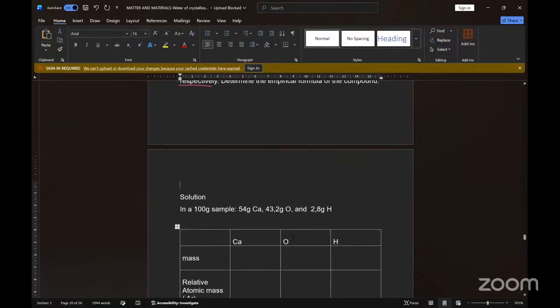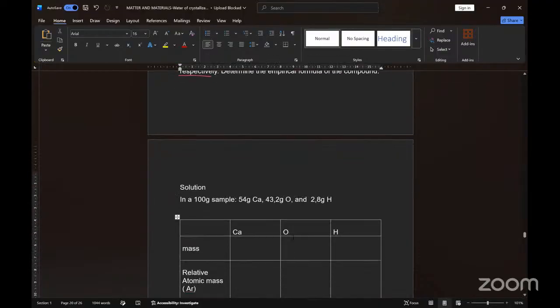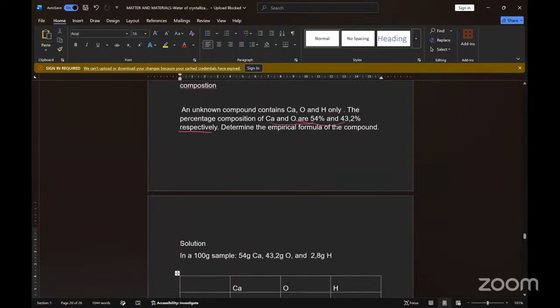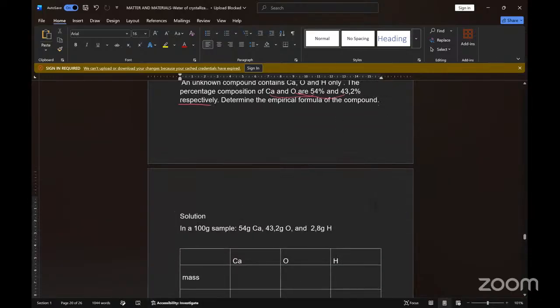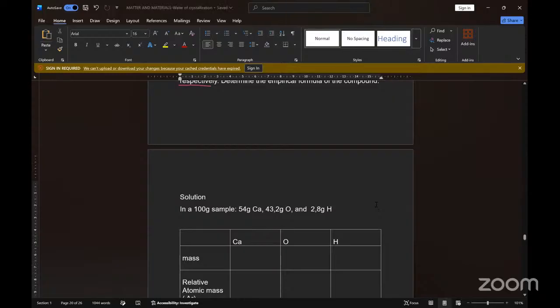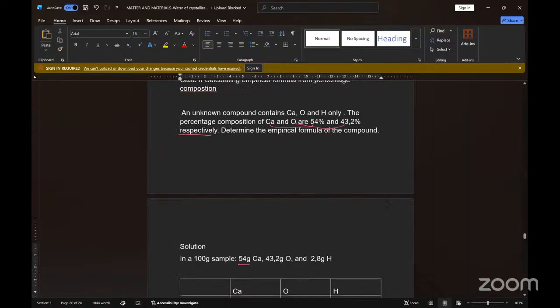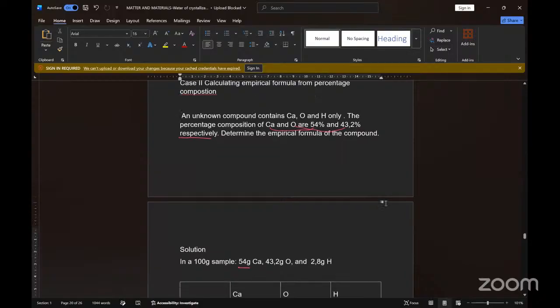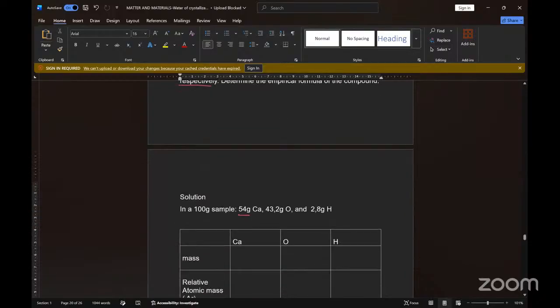So you come and do the same thing here like we did before. You will say that in a 100-gram sample, your percentages are going to be the same. Your calcium is 54. Instead of 54%, you write 54 grams. Then your oxygen was given as 43.2%, so it becomes 43.2 grams here.